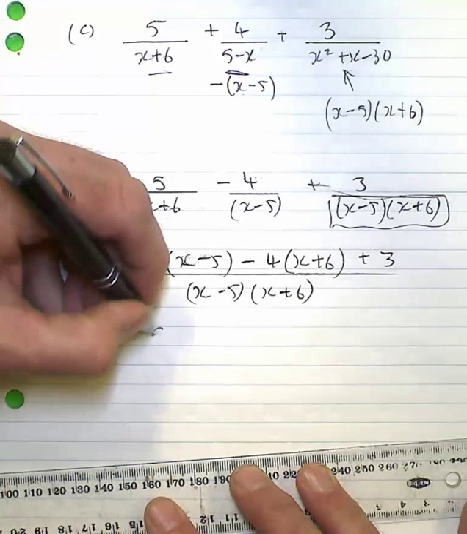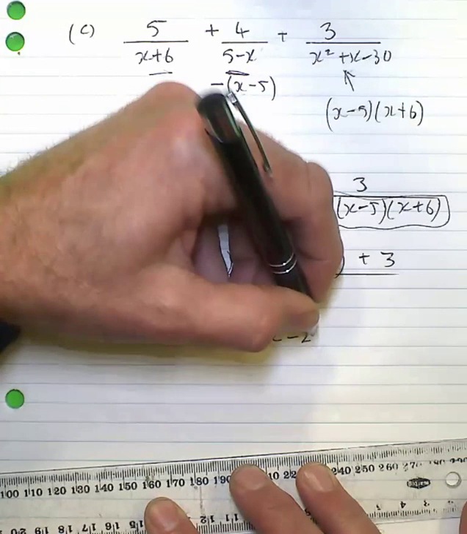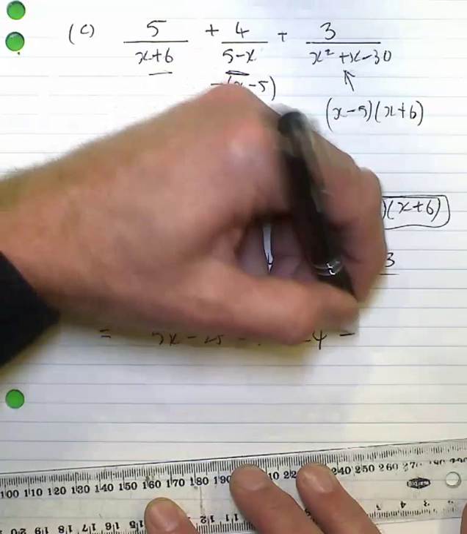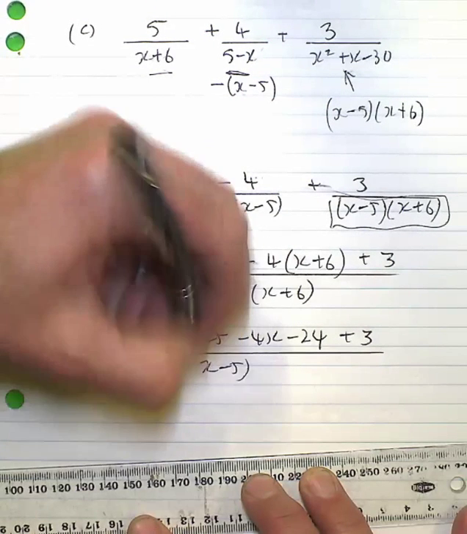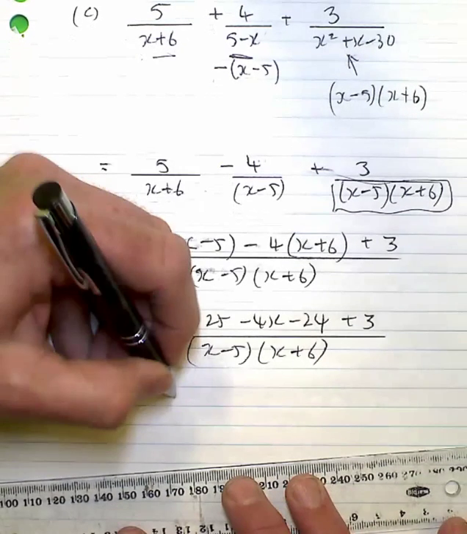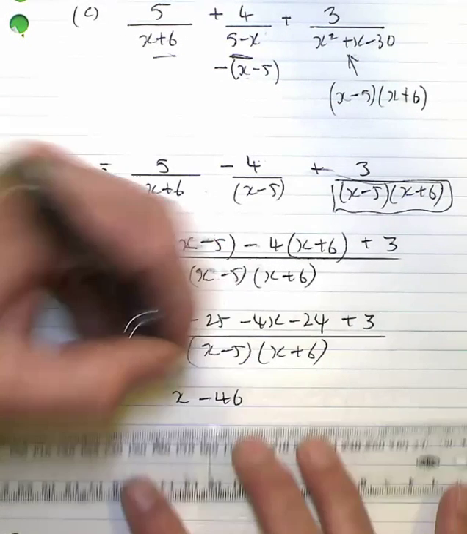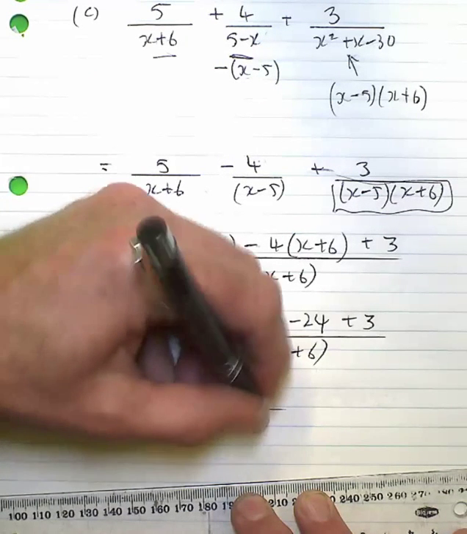So expanding, and I'm left with x take 46 divided by x minus 5 x plus 6.